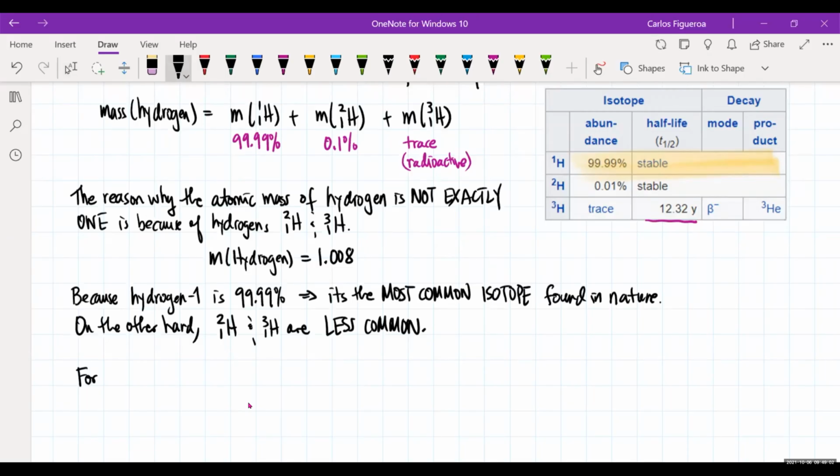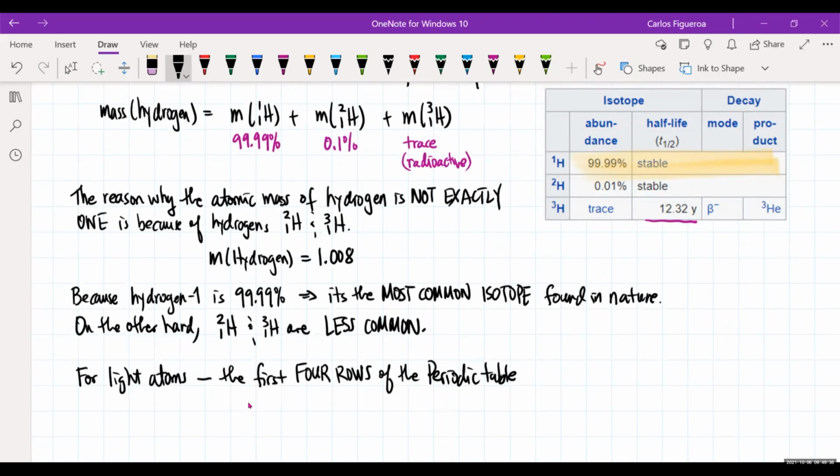For light atoms, and one example is hydrogen, the first 4 rows of the periodic table usually have the most common isotope listed on the periodic table.